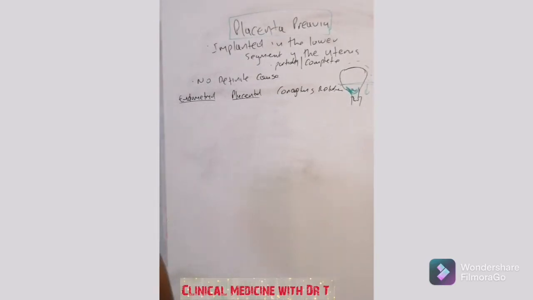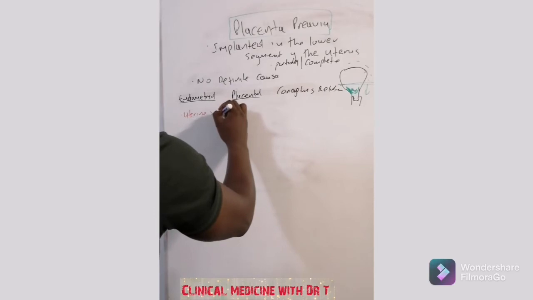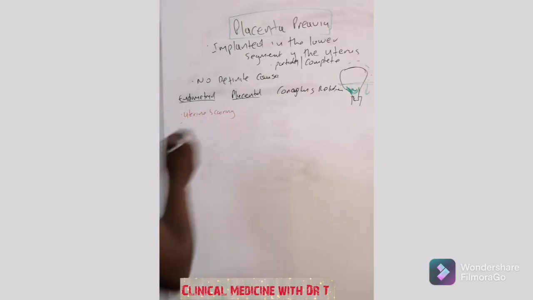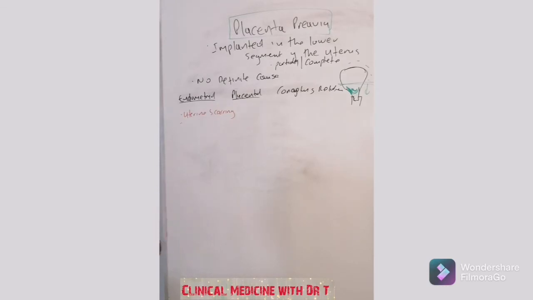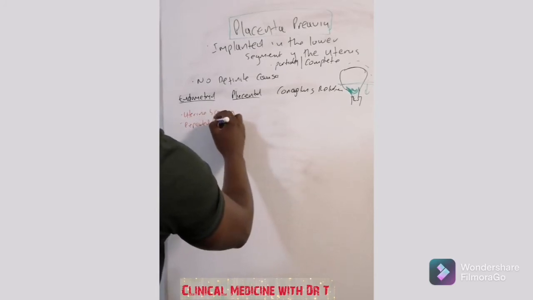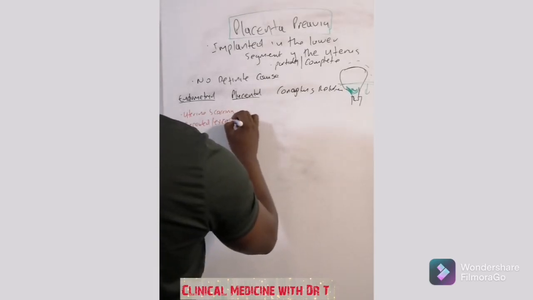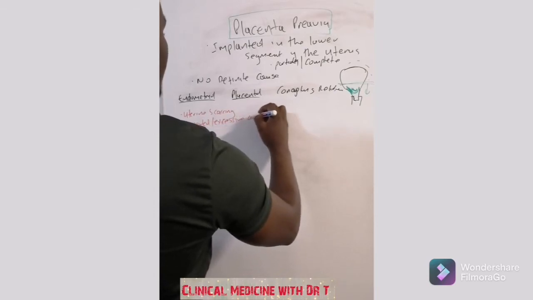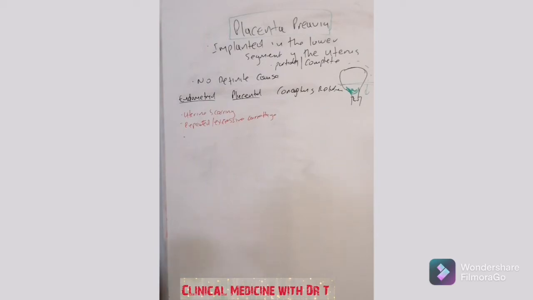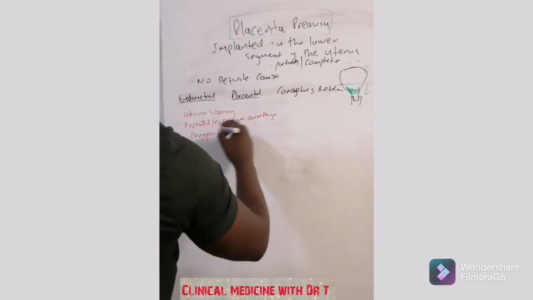Under endometrial, there can be things like uterine scarring, repeated or excessive curettage, or even congenital uterine malformations.